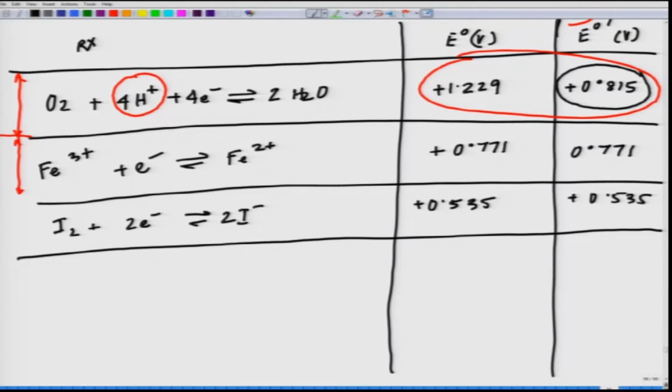Now, I come to another situation where you have a biological molecule like cytochrome.